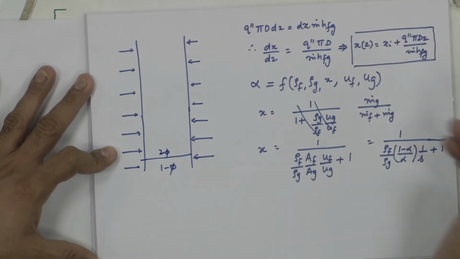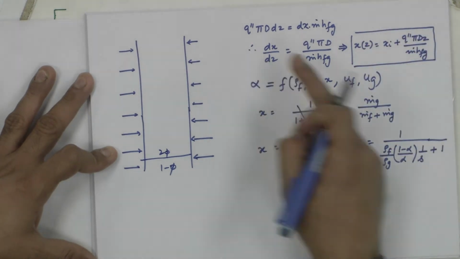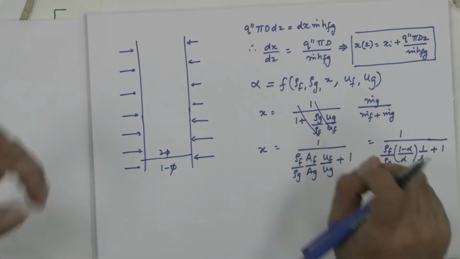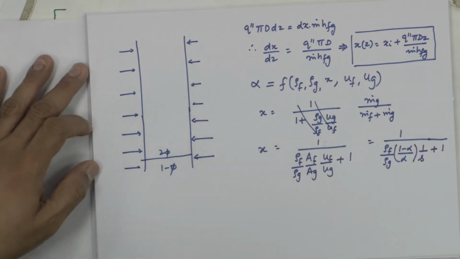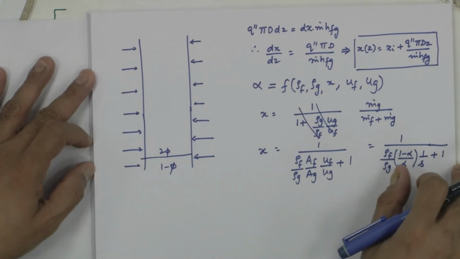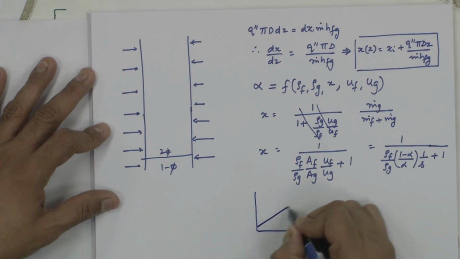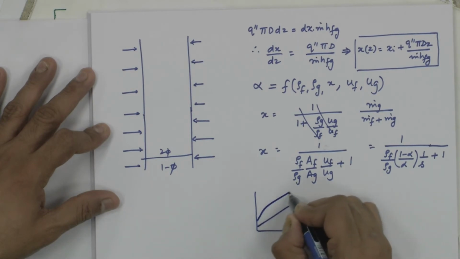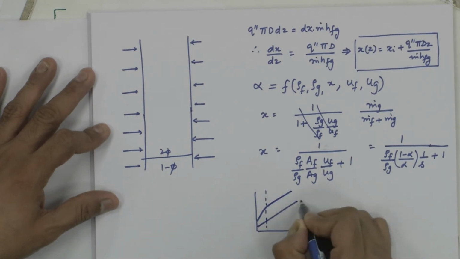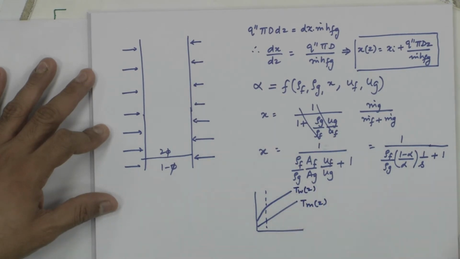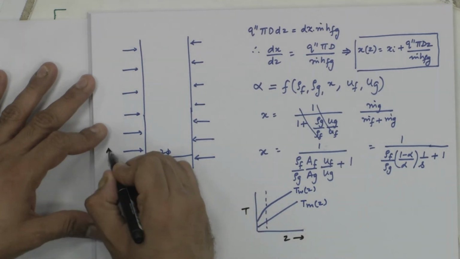Subcooled part, your energy balance will be q double prime pi d dz is equal to m dot delta h or m dot cp delta T. It will show an increase in wall temperature and the fluid temperature, and these things also we have seen. This is how the wall temperature will be, T bulk mean of z, T wall temperature as a function of z. This all we have seen before, and this is T versus flow direction, this is your z.